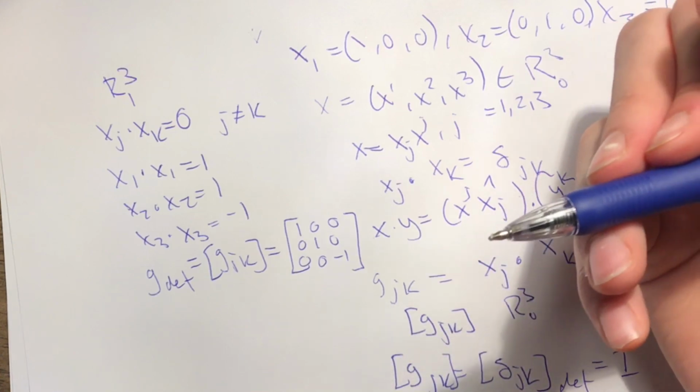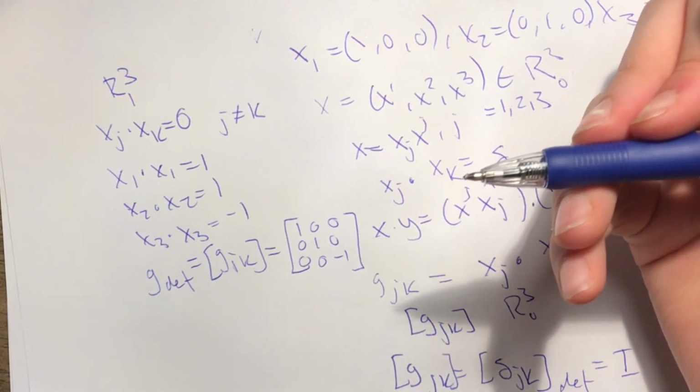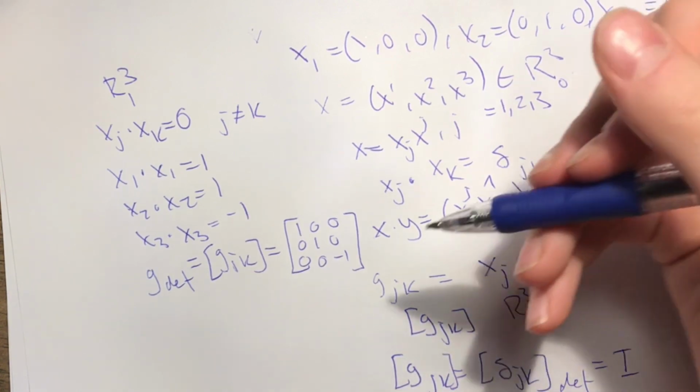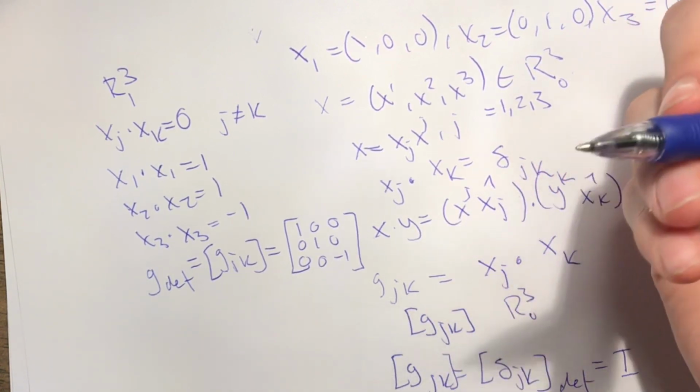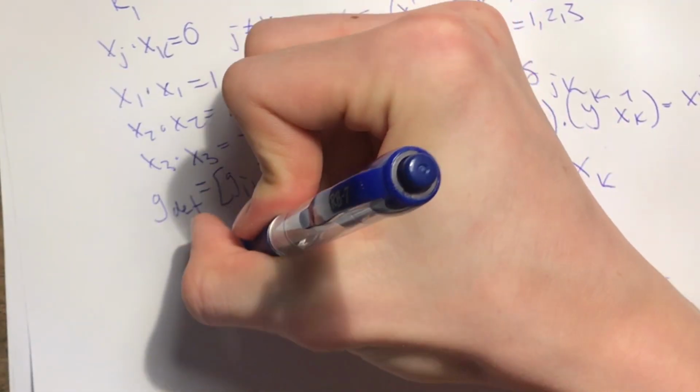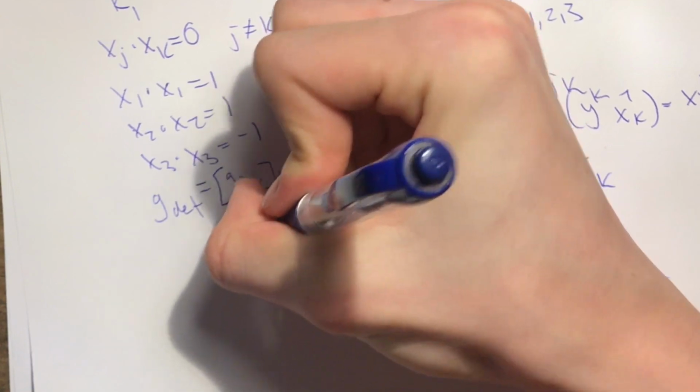By definition, in Riemann spaces, the inner product is positive definite, but in Minkowski or Einstein spaces it's not. The inverse matrix of gjk is symbolized by g with superscripts j, k.